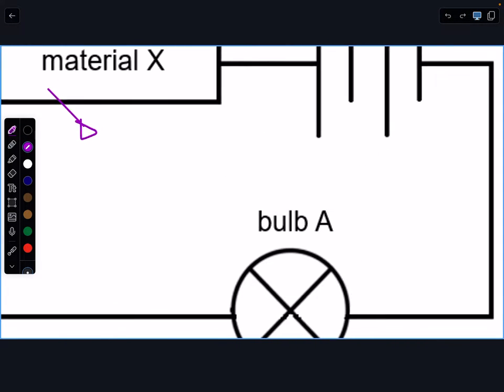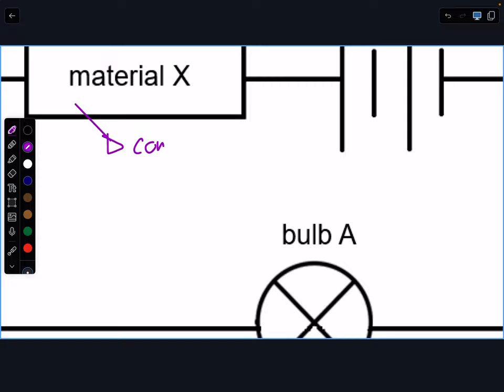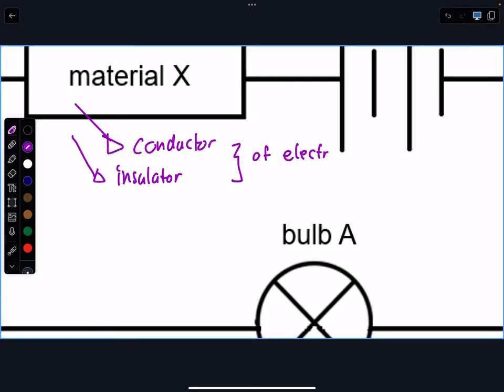Let me find a nice space. Okay. Is it a conductor of electricity? Or is it an insulator of electricity? Okay, don't tell me that it's a non-conductor or it's not a conductor of electricity. If it's not a conductor of electricity, then what is it? What is it?